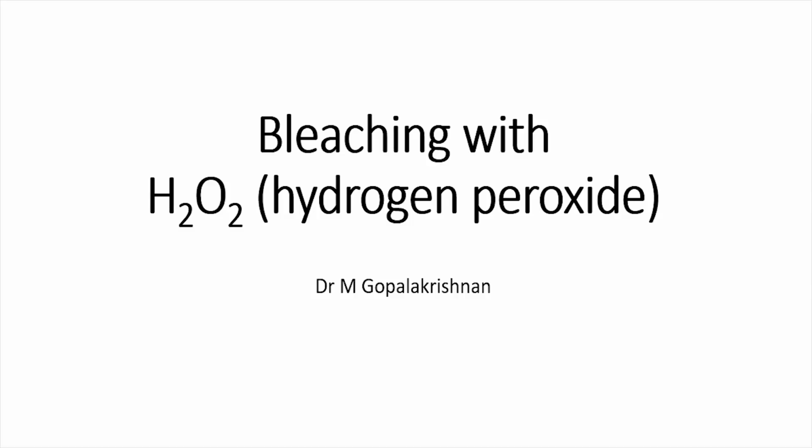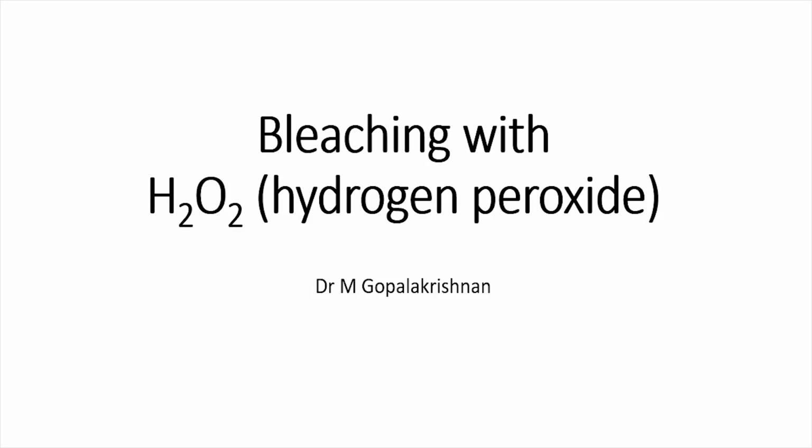Moreover, hydrogen peroxide is stable in a wide range of temperatures. You can bleach at 80 degrees Celsius, 100 degrees Celsius, or even 130 degrees Celsius. So that is the difference between sodium hypochlorite and hydrogen peroxide bleaching.